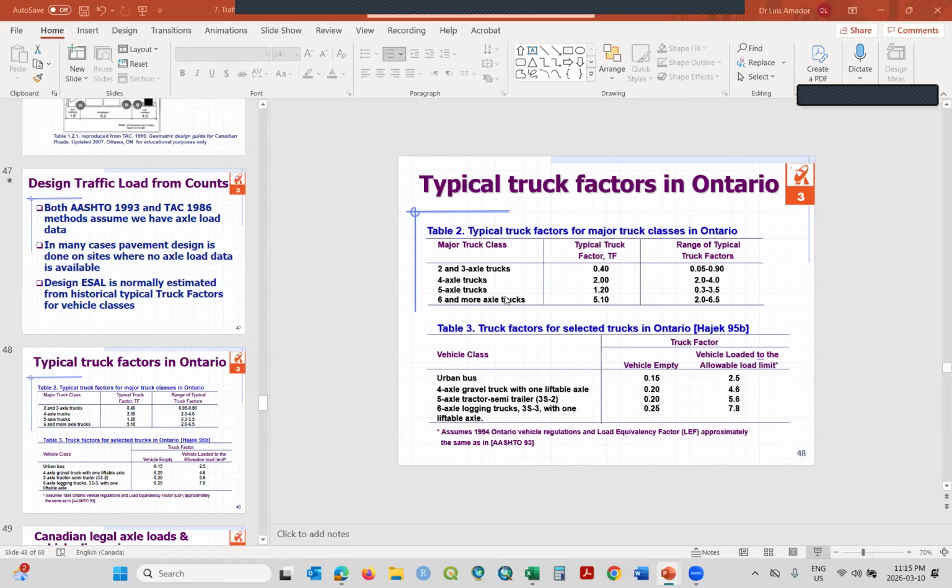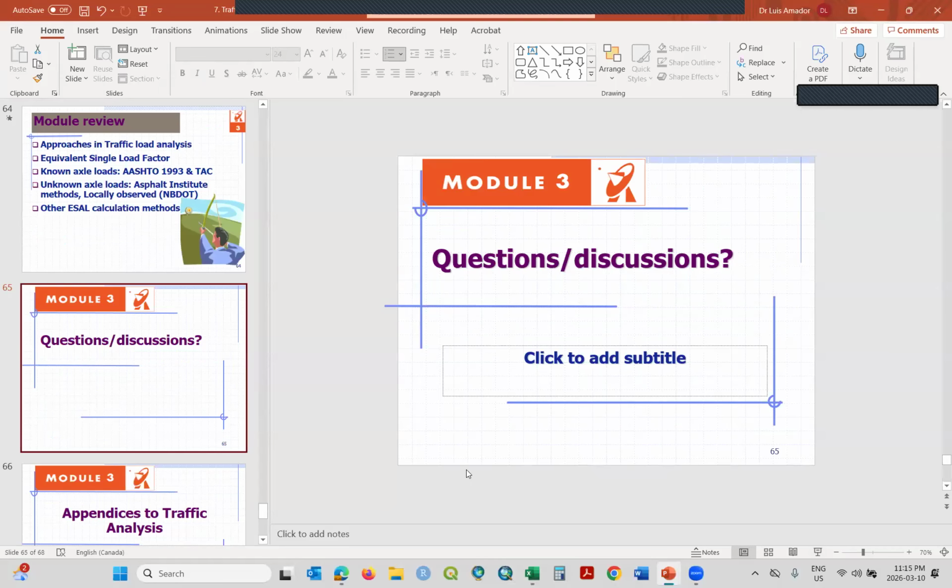Any questions? We will take the ESALs and use them to calculate the thickness of the layers of a pavement in the following classes. We will do it for flexible and for rigid pavements, so the ones based on hot mix asphalt and the ones based on Portland cement concrete.